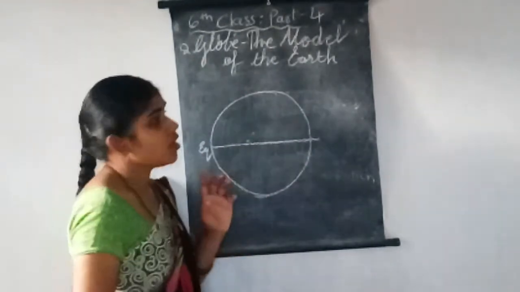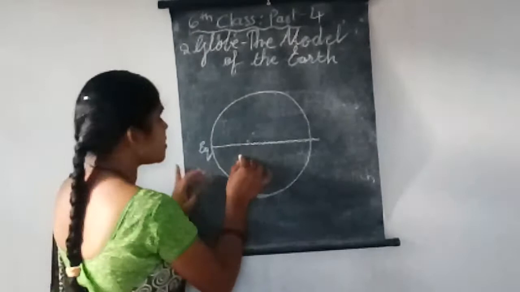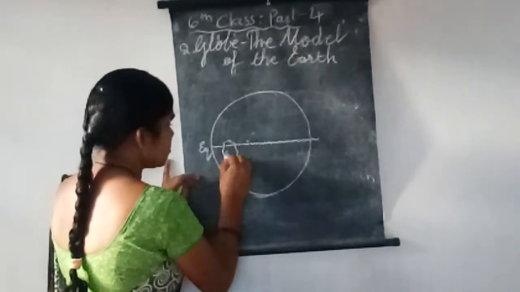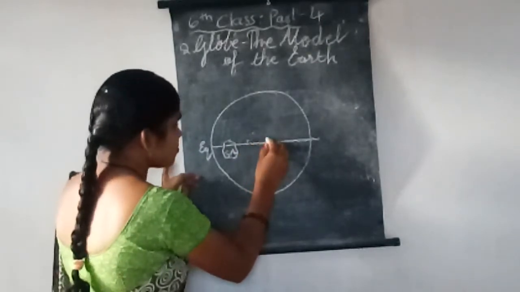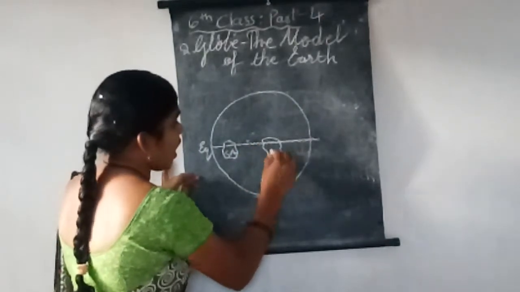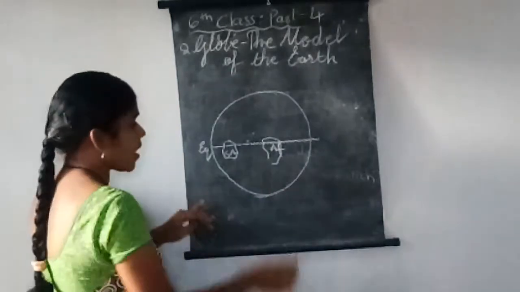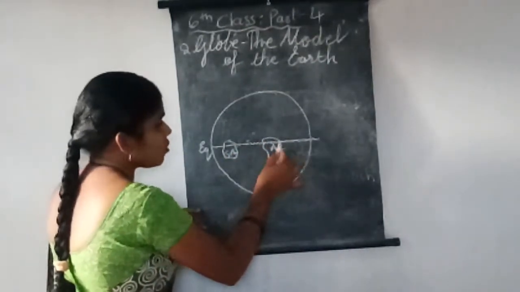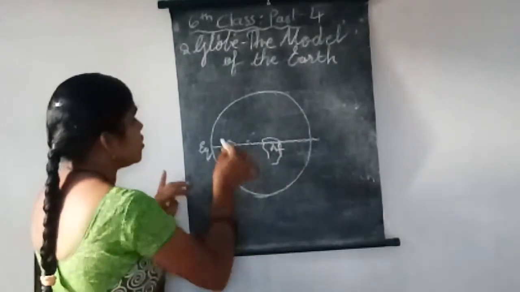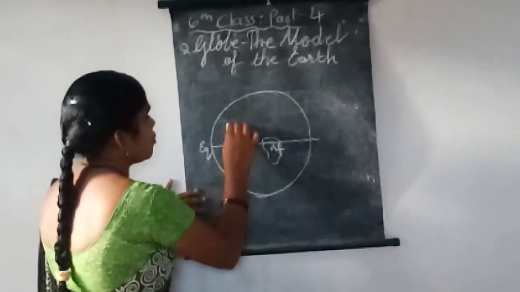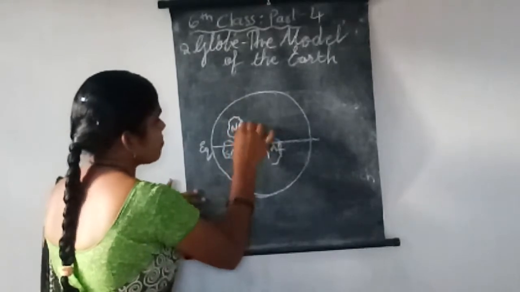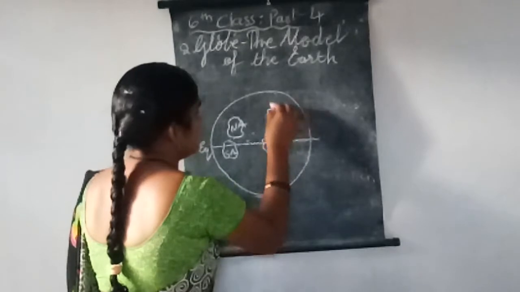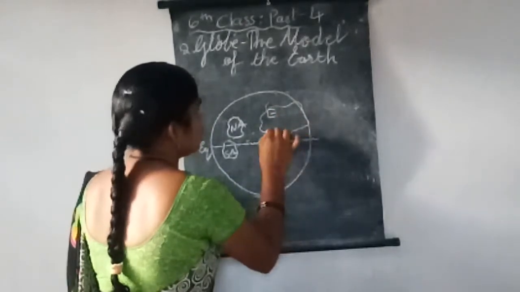passing. So here the equator is passing from South America and also Africa. So upon this there is North America, and here this is Europe. This is all Europe.